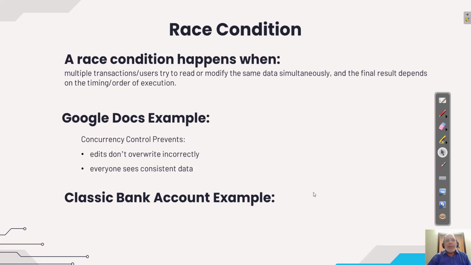In this way, the first user's changes get lost. If there is concurrency control, everyone sees consistent data. The first user's changes are not lost, the second user will see the changes, and the same is true vice versa.